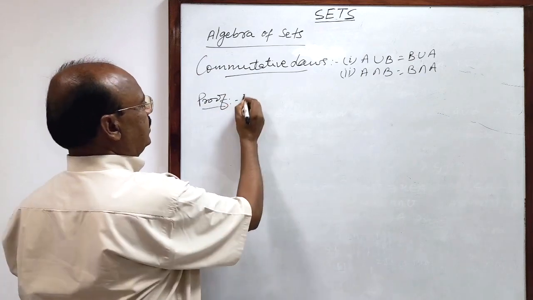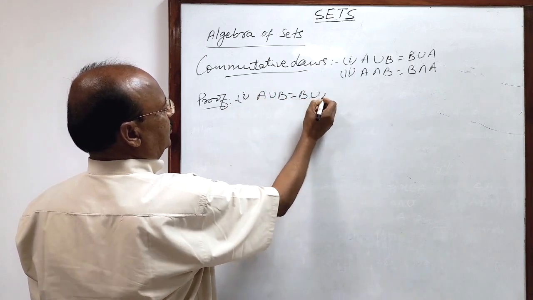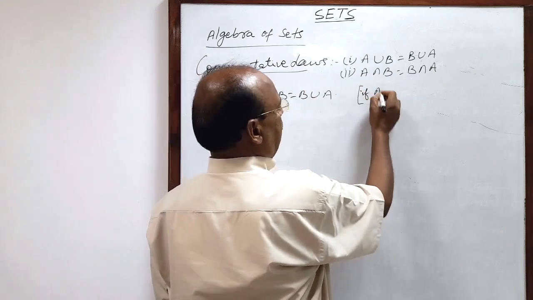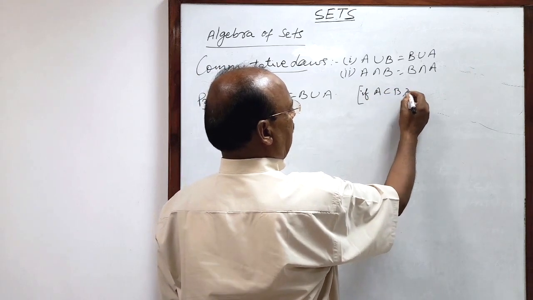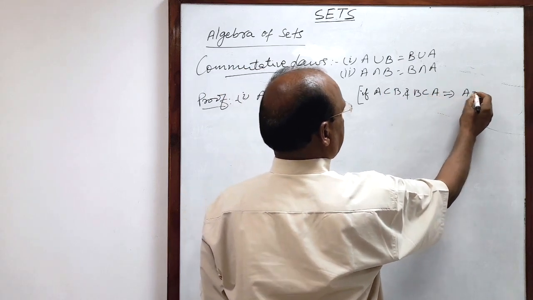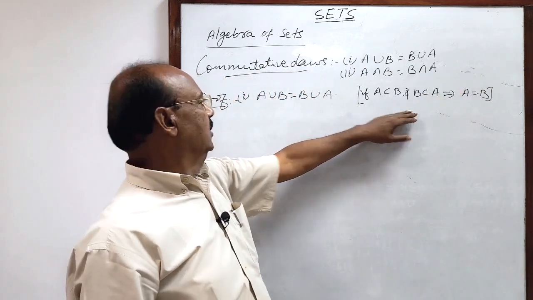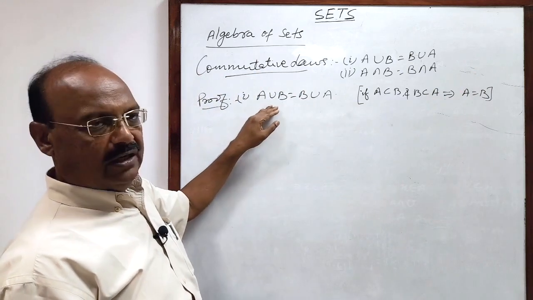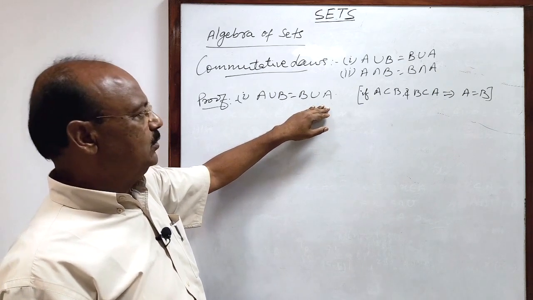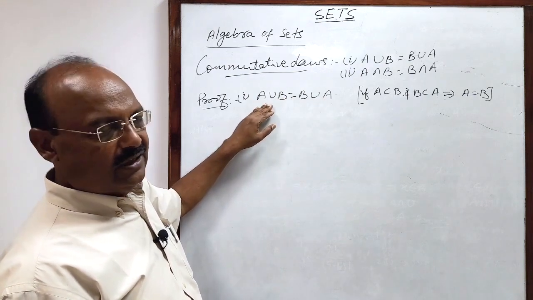Let us see the proof of this first law, A union B is equal to B union A. Here we will use the property of sets that if A is a subset of another set B and B is a subset of this set A, then it shows that set A is equal to set B. So here we will try to show that the set on the left hand side is a subset of the set on the right hand side, and again we will show that the set on the right hand side is a subset of the set on the left hand side.